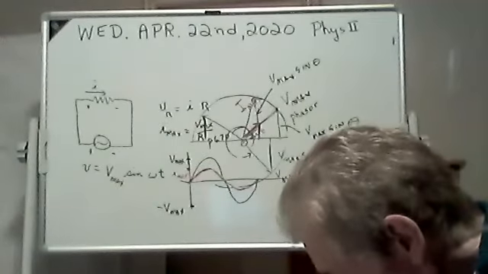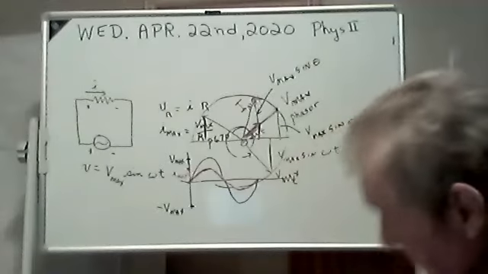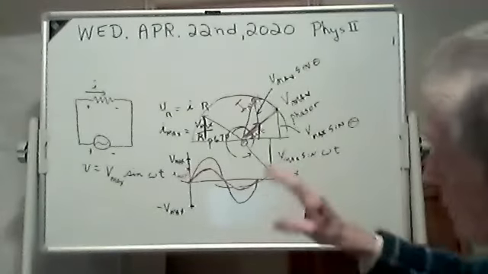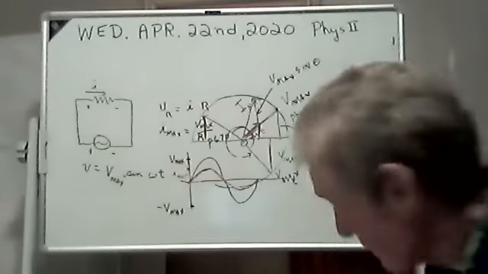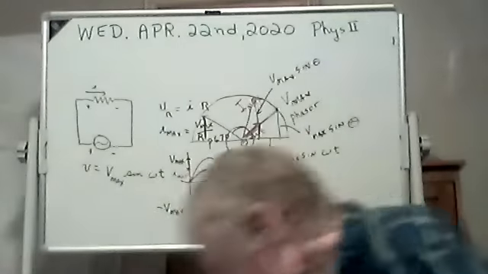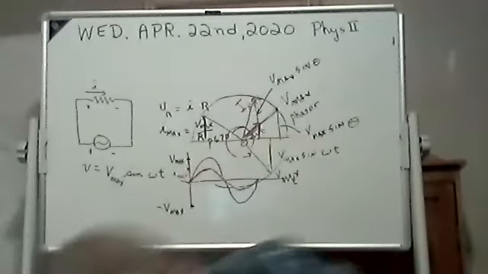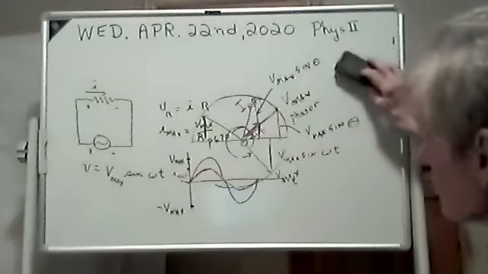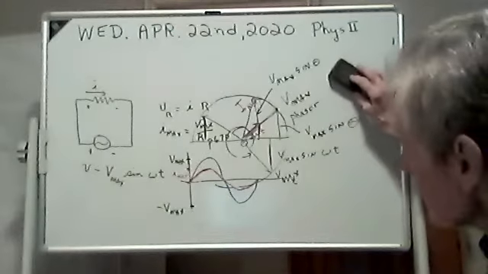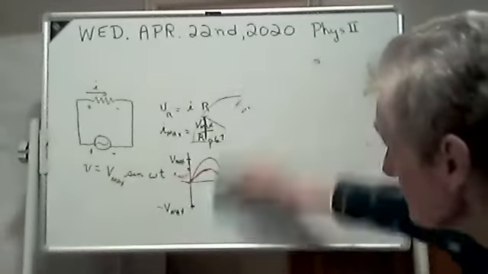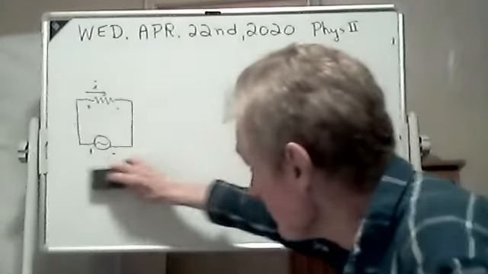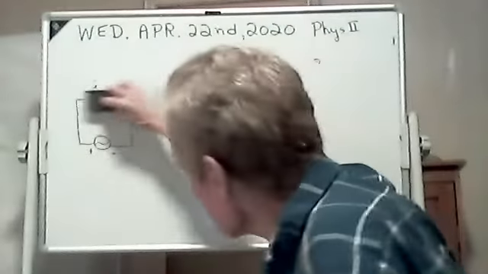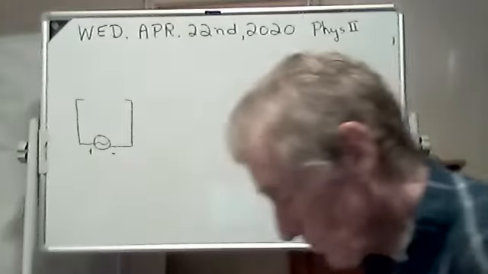This happens to be in my book on page 673, and we're going to talk about capacitors now. Okay. I need the space here to do capacitors. So we're going to scrap all this for just a moment, and we're going to look at the same thing, only this time it's going to be a capacitor.